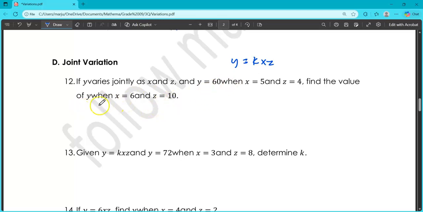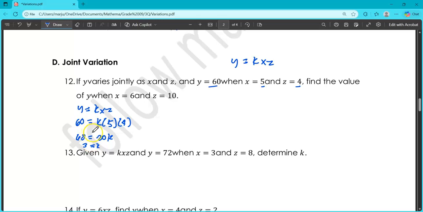We know that y equals kxz, so 60 equals k times 5 times 4. This gives me 60 equals 20k. So k is just equal to 3.